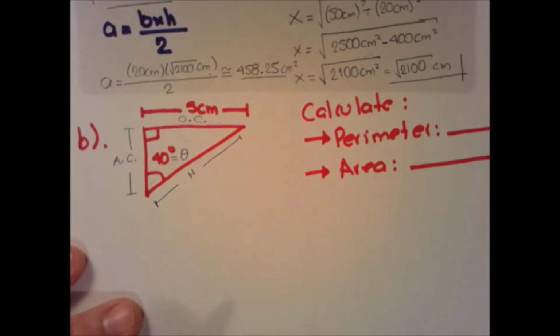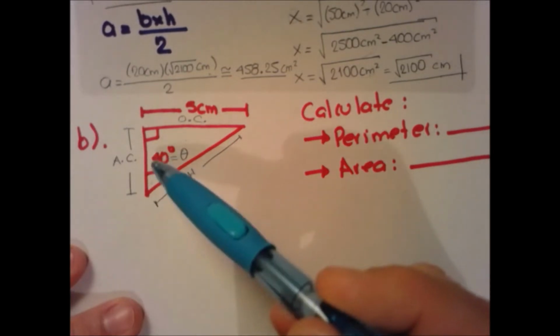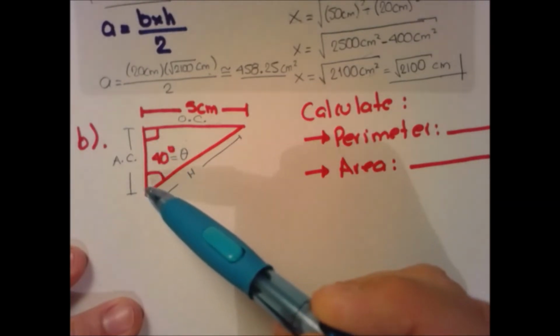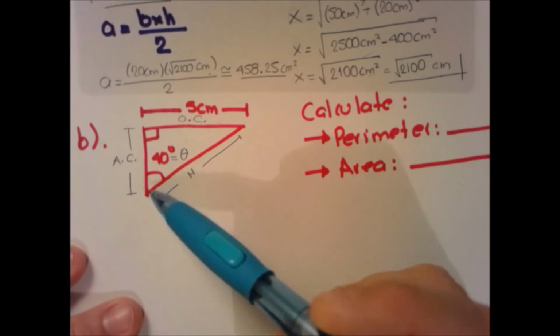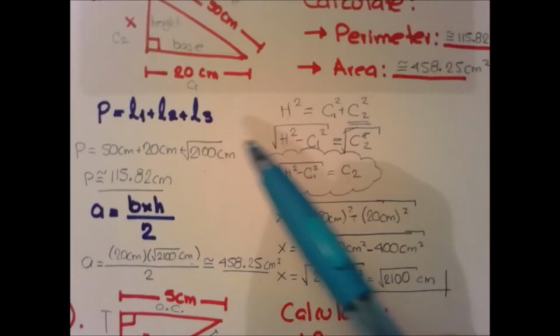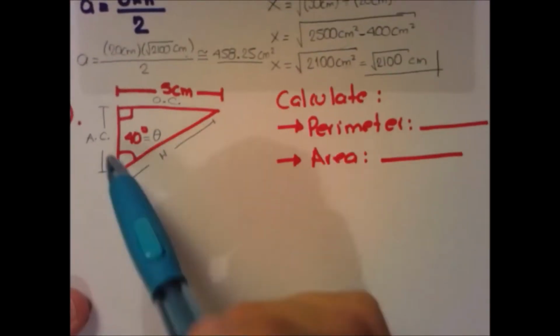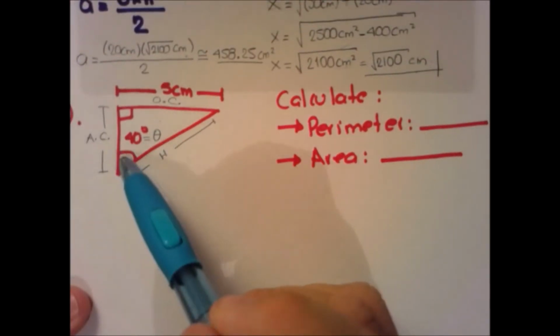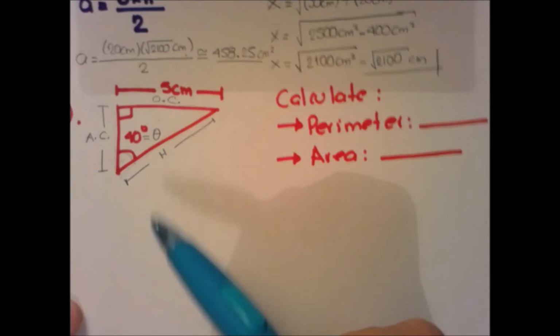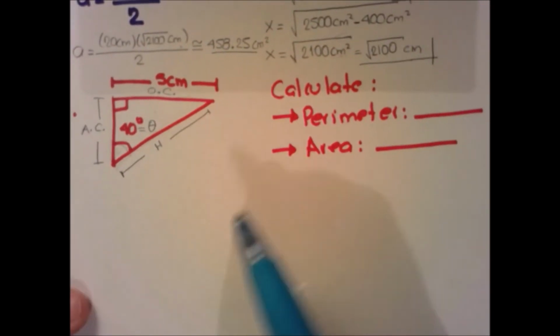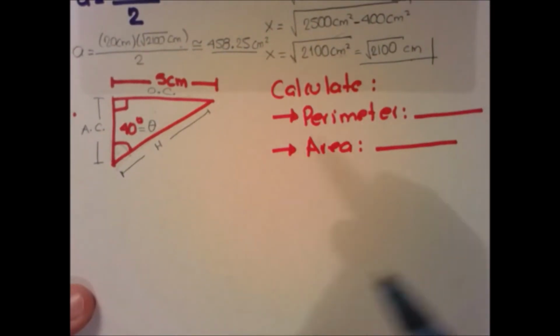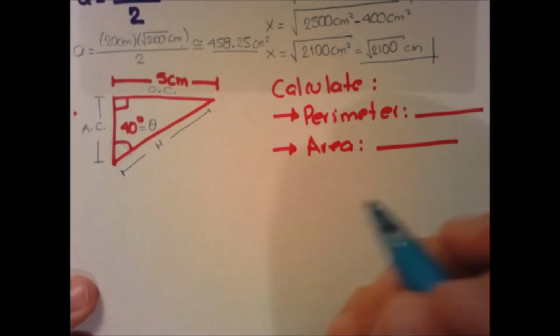Okay, it means that to get this length and this one, I'm not going to use Pythagoras theorem. Because why? Because I have an angle, and an angle is part of the information. So here I'm going to use a trigonometrical identity. But remember that I have three.